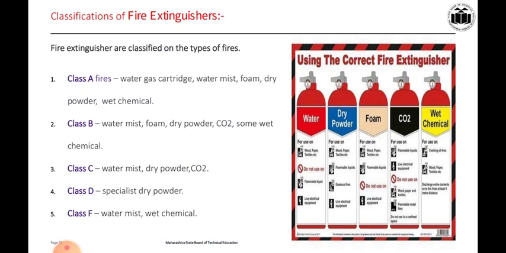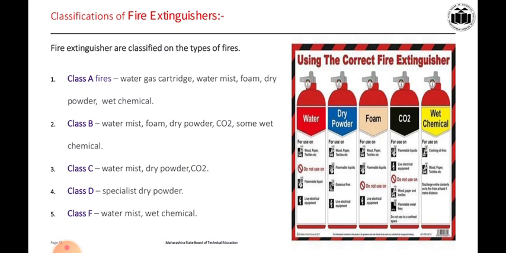On the top of that cylinder, one probe is provided with a pin. That class A fire consists of the water gas cartridge, water mist, foam, dry powder and wet chemicals. Class B: water mist, foam, dry powder, CO2, carbon dioxide, and some wet chemicals.